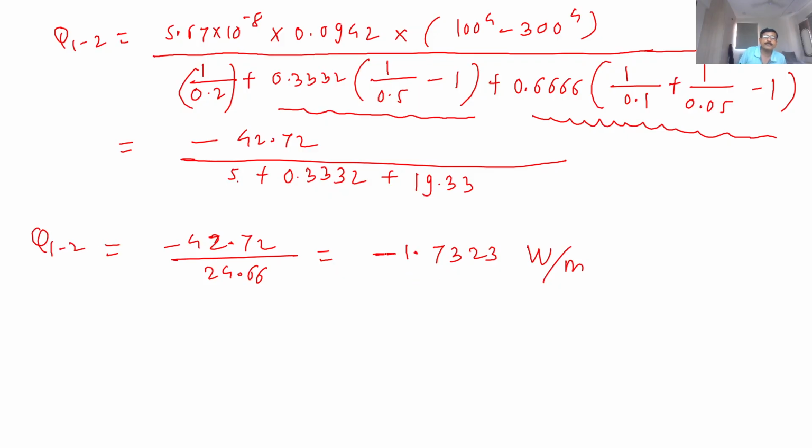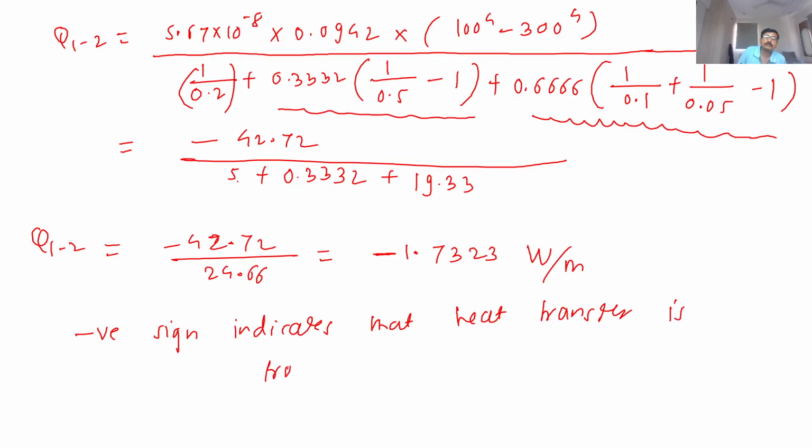But what is the meaning of the minus sign? The negative sign indicates that heat transfer is from the outside tube to the inside tube, because the formula is derived for Q1 to 2, where 1 is innermost and 2 is outermost, meaning from inner to outer.